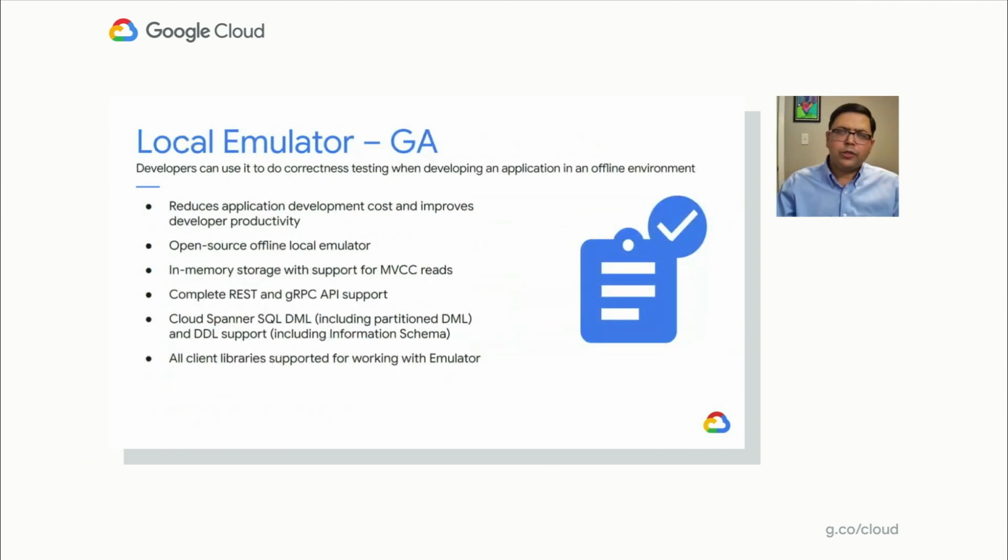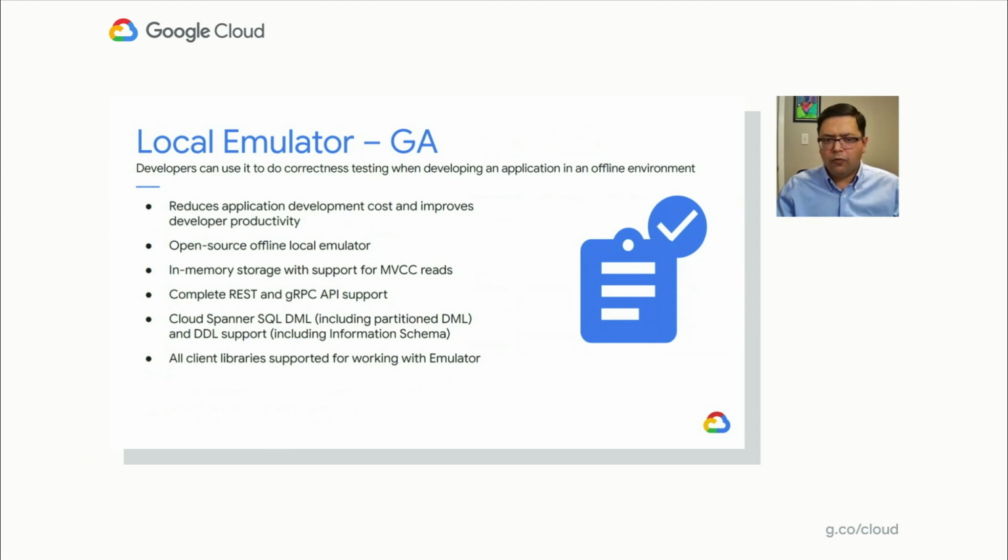Local emulator. This is something which we announced in beta in March. I'm happy to announce the general availability of the local emulator as part of this talk. So this is now generally available. We have implemented a lot more capabilities as part of this general availability launch.